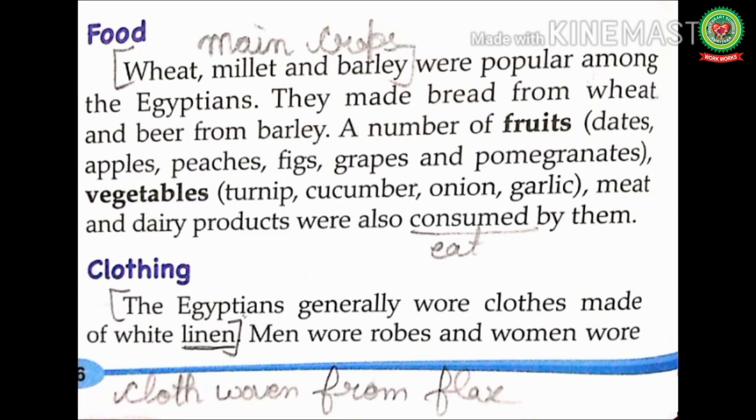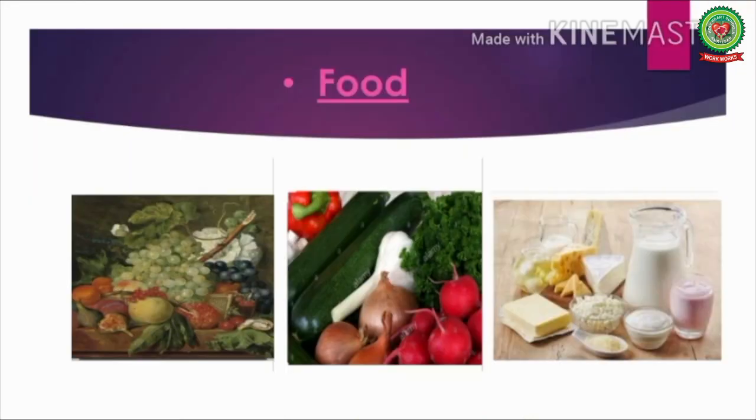Then vegetables like turnip, cucumber, onion, garlic, meat and dairy products were also consumed by them. Students, here dairy products means products related to milk and consumed means eaten. These were the food products consumed by the people of Egypt.